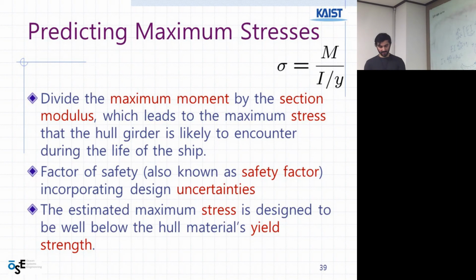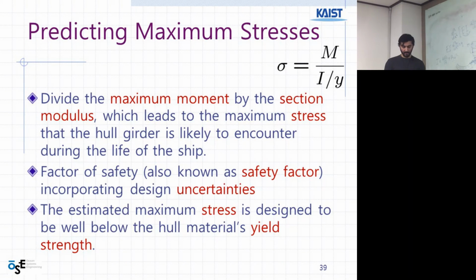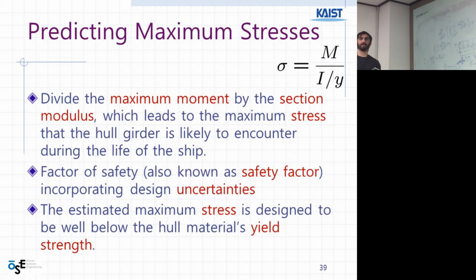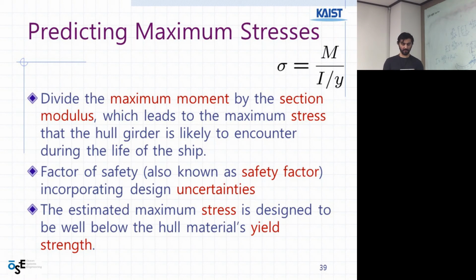There are many types of factors of safety, but essentially the factor of safety expresses how much stronger a system is than it is required to be for an intended load.